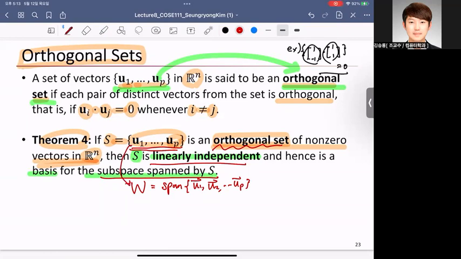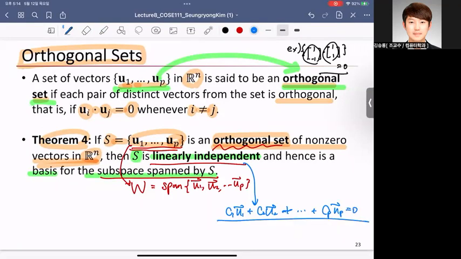Let's prove this. To show that S is linearly independent, consider c1 u1 plus c2 u2 plus cp up.